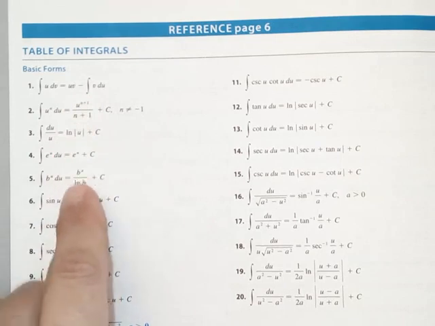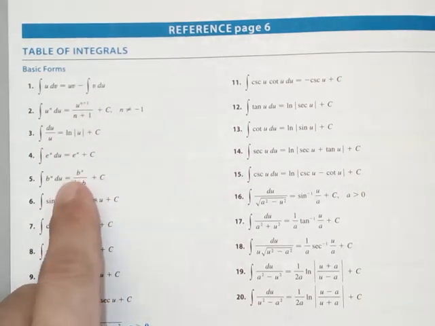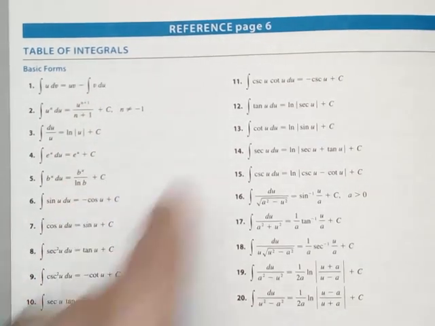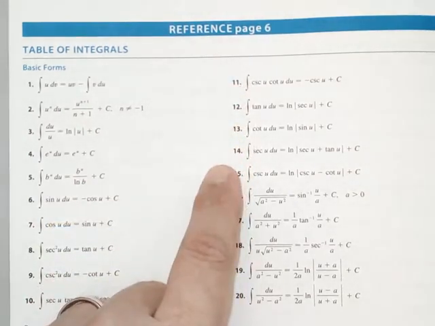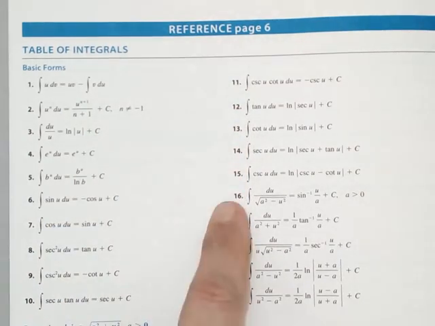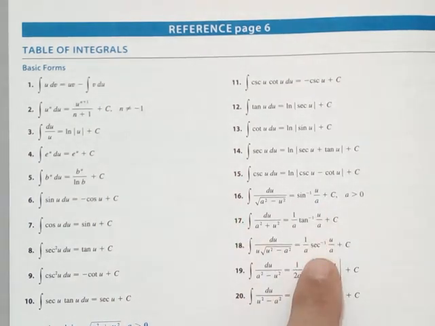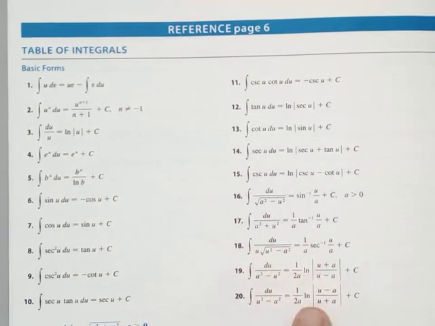Power rule, logarithms, exponentials, change of base formula, all the trigs, the two ugly trig ones that we did in chapter 7, section 2. Here are our trig inverse formulas with sine and tangent and secant. Here are partial fraction decompositions for logarithms.